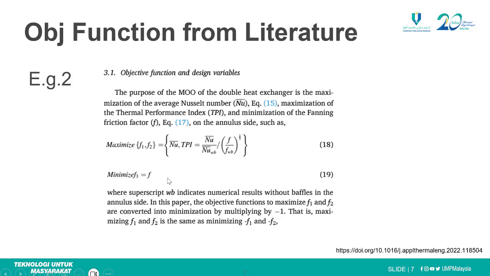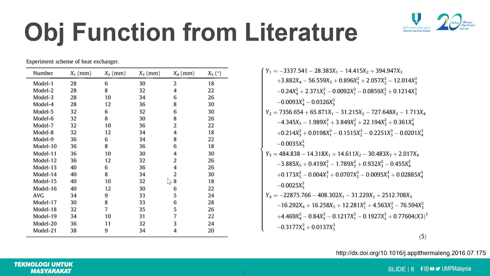Then, a common objective function from literature is generated by using a certain design of experiment. For example, one paper reported a set of experiments that was conducted like this.